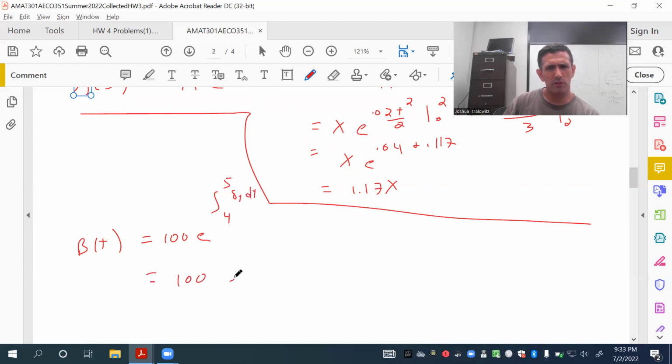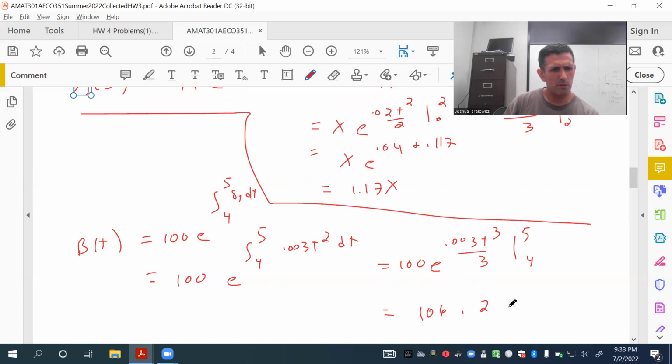So this is 100 e to the integral 4 to 5 of 0.003 T squared dt. 100 e to the 0.003 T cubed over 3, plug in 5, plug in 4. And this is going to be 106.